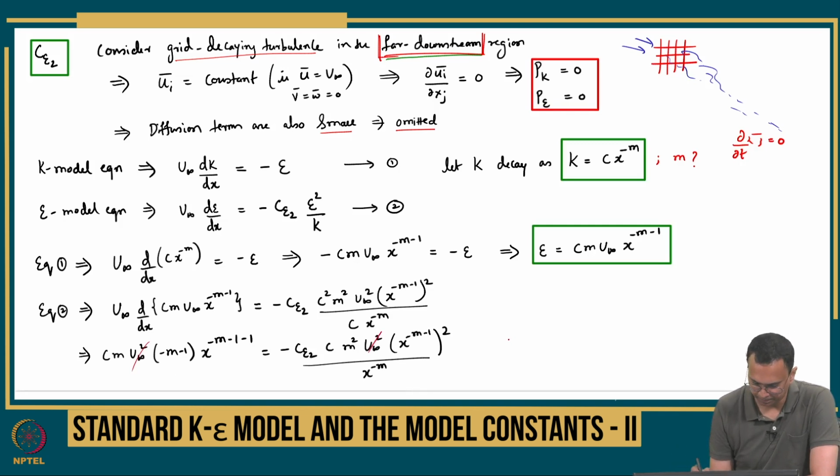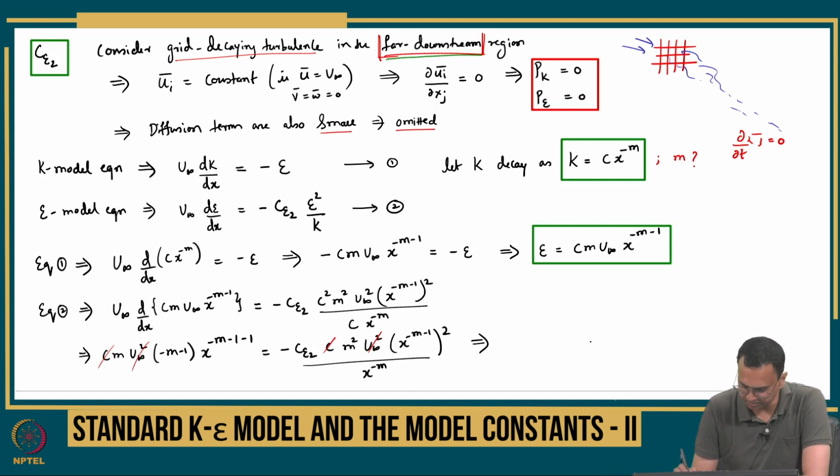So this should essentially be minus of minus m of m plus 1, x raised to minus m minus 2, equal to minus c epsilon 2 m square, and then x raised to minus m minus 1 square and then x raised to m here.